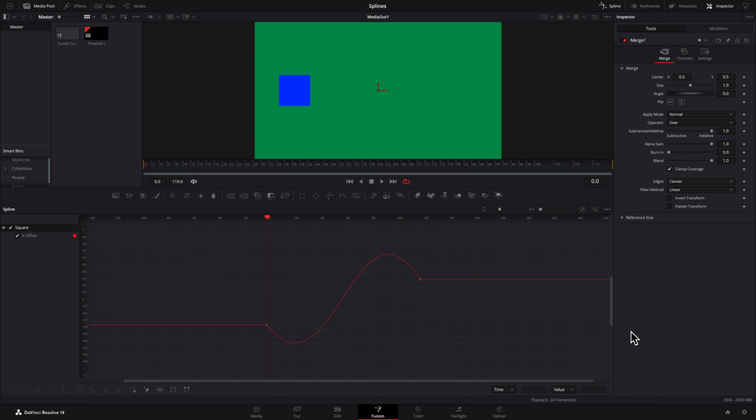A steeper slope causes the value of the keyframe parameter, whatever it may be, to change at a greater rate, speeding up the animation. So we need a flatter slope. And why does a flatter slope cause the square to move more slowly? Simply because a flatter slope causes the value of the keyframe parameter to change more gradually.